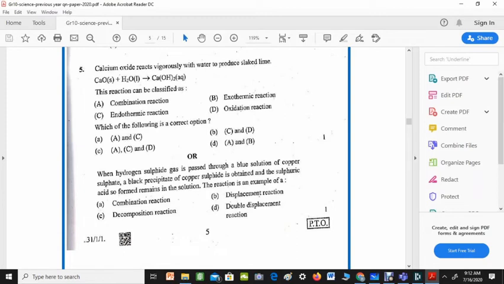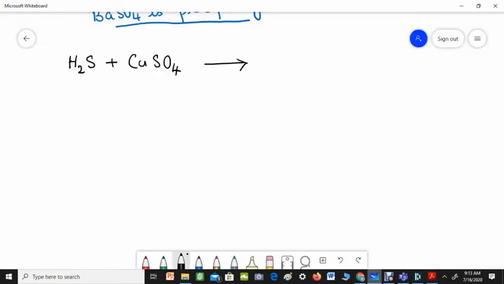When hydrogen sulfide gas is passed through a blue solution of copper sulfate, a black precipitate of copper sulfide is obtained along with the sulfuric acid. So copper sulfide is the first product obtained, plus H2SO4.